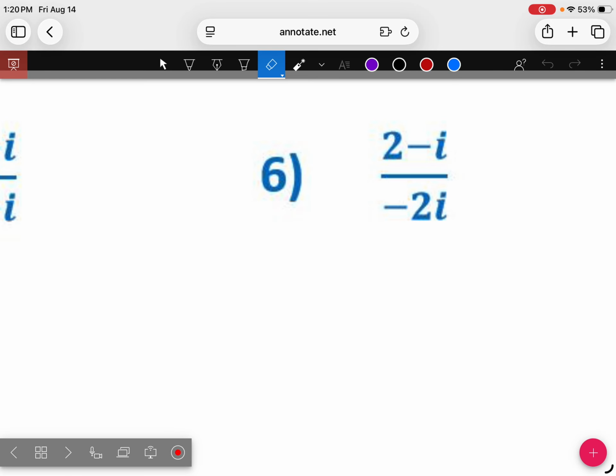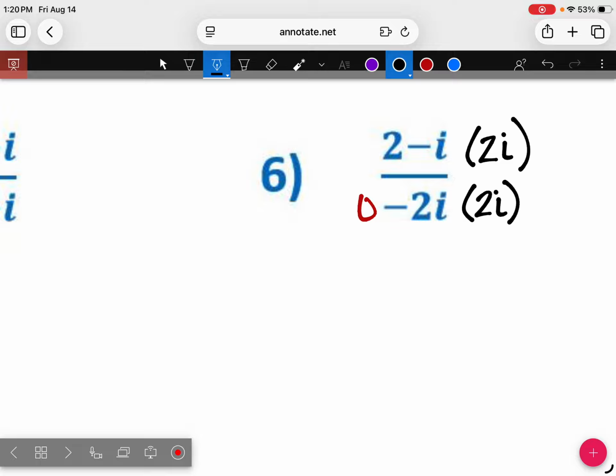So what do you think my conjugate is for my denominator? Keep in mind that there is an invisible zero right here. We just don't put it because it's zero. So what do you think the conjugate would be? Positive 2i. So we're multiplying top and bottom by positive 2i. This is a little different.